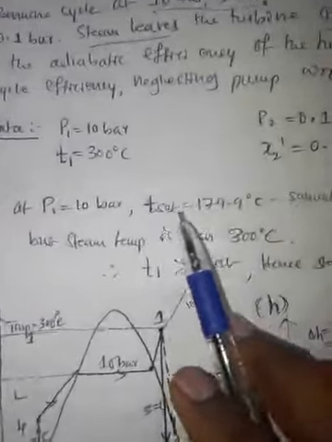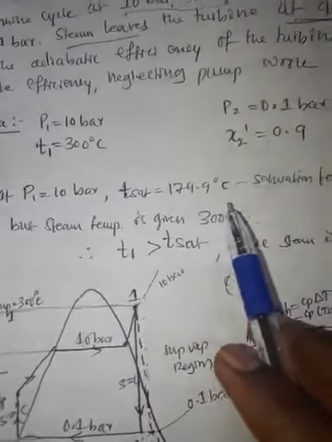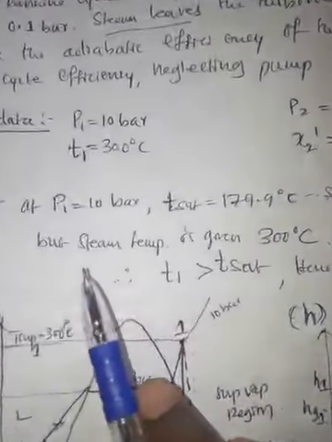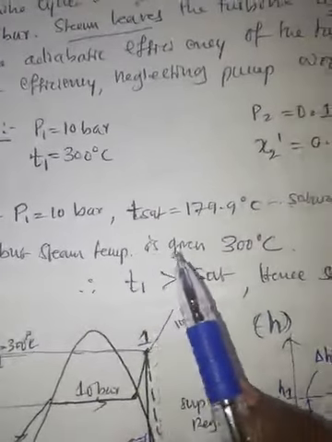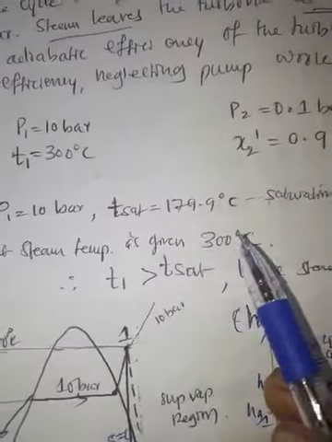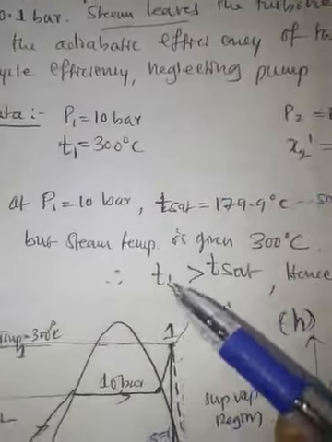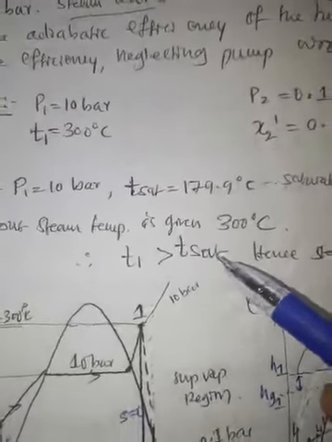But steam temperature is given as 300 degrees Celsius. So therefore T1, that is 300 degrees Celsius, is greater than the saturation temperature.